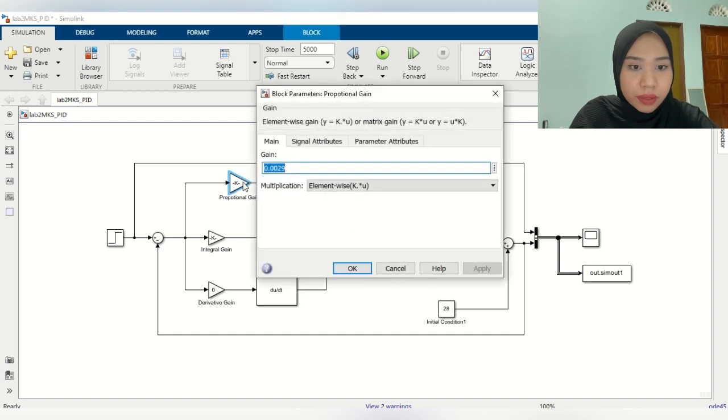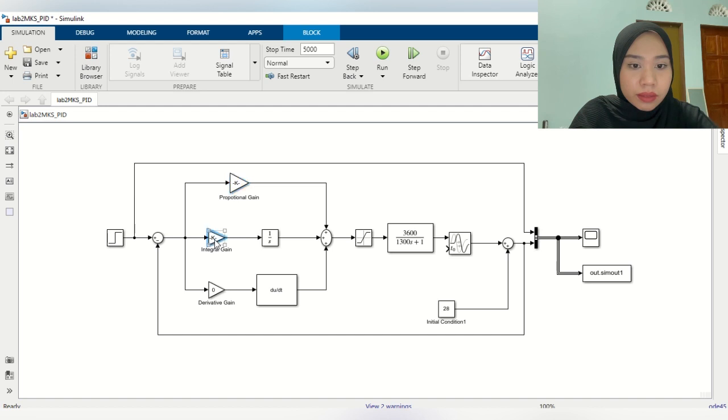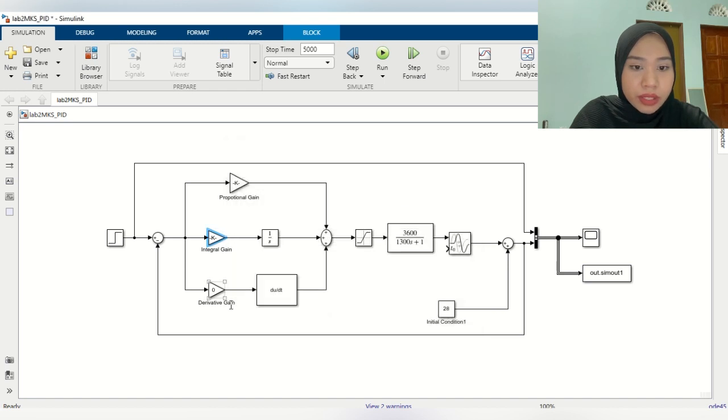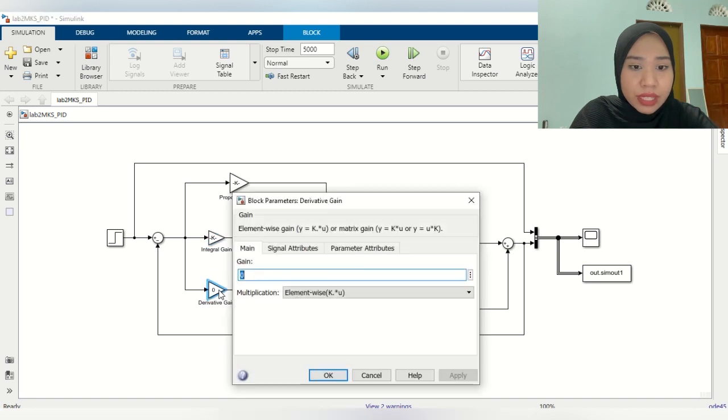Secondly, for integral gain, the value is changed to 0.000096. Okay. And then for derivative gain, we will use 0.2175. And then run.